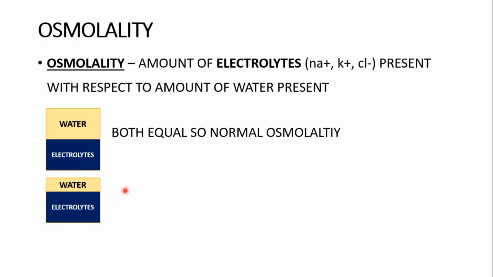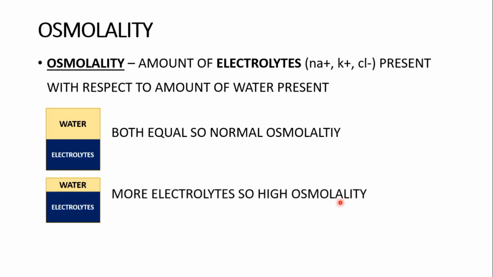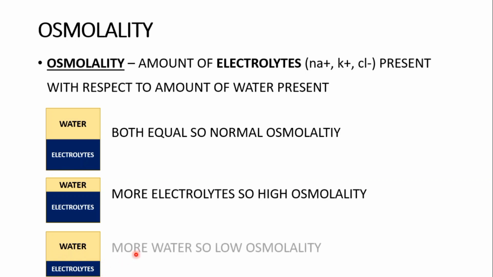So this is high osmolality because of high electrolytes. In another compartment, there is loss of electrolytes, but the water is still present. So in this case, it looks like there is more water than electrolytes. So less electrolytes means low osmolality.